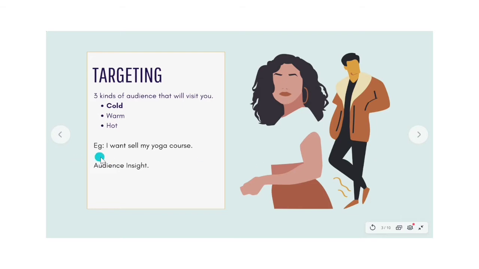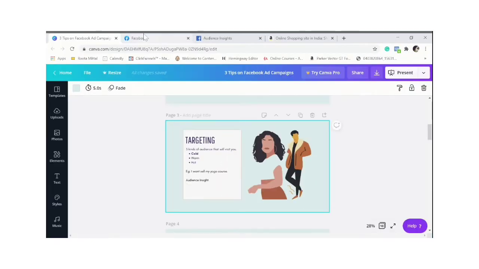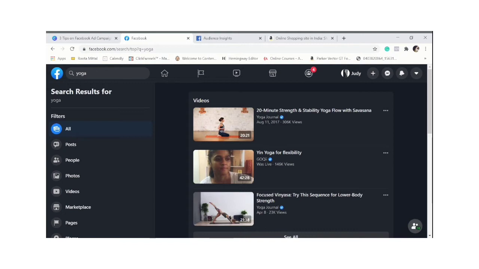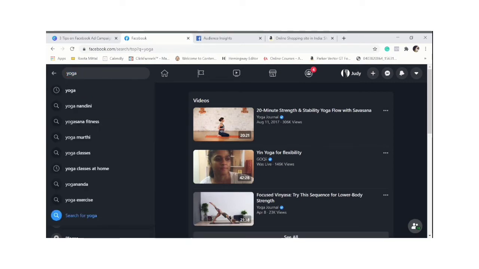So if I have to sell a 4 week diet plan, the first thing I will do is a keyword search. Let's get into it. I'll go to my Facebook page, type yoga. Now, see this? There are so many options that you can find here. There's Yoga Nandini, Yoga Asana Fitness, Yoga Murti, yoga classes at home.